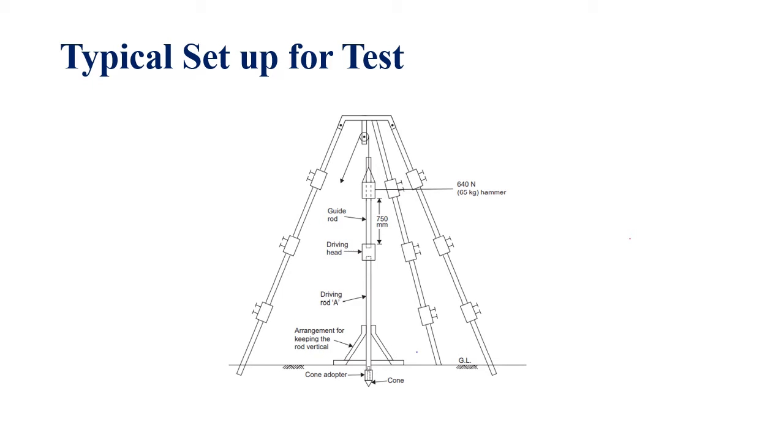Then it falls on the driving head, and finally that energy is transferred to the cone through the driving rod. So you can always increase the length of the driving rod depending upon the depth up to which you have to reach your penetrometer. Okay. Now in order to keep this driving rod vertical, this particular arrangement is fixed here at the ground level.